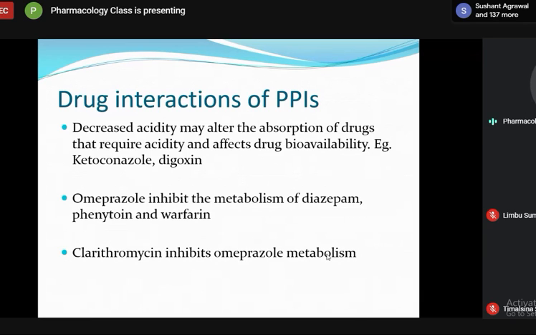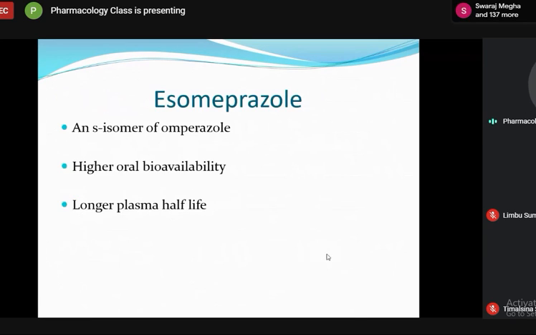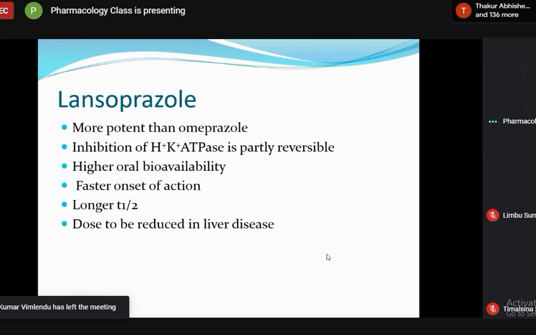Now I will go briefly over the other drugs also, like esomeprazole, which is the S isomer of omeprazole, and it has a higher oral bioavailability with a longer plasma half-life, so it has a longer duration than omeprazole. Next is lansoprazole.